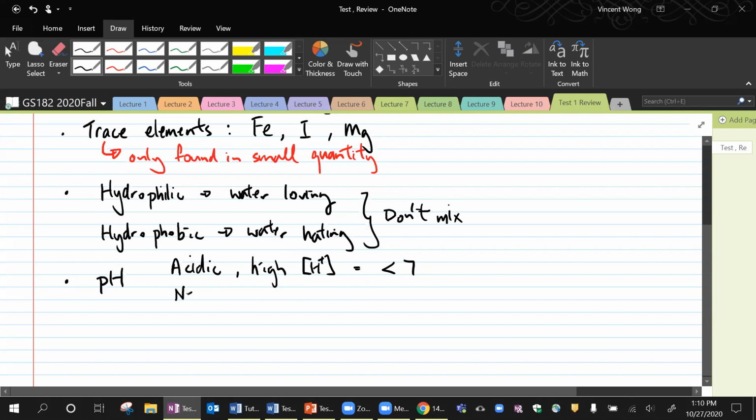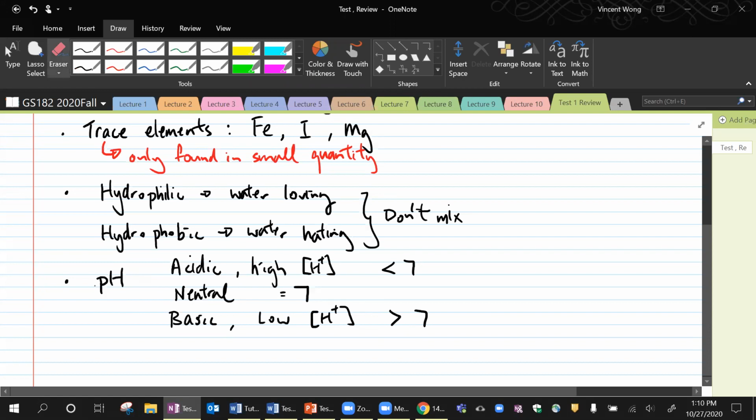Neutral is equal to 7. The opposite is basic, which is low H plus, and that is going to be greater than 7.